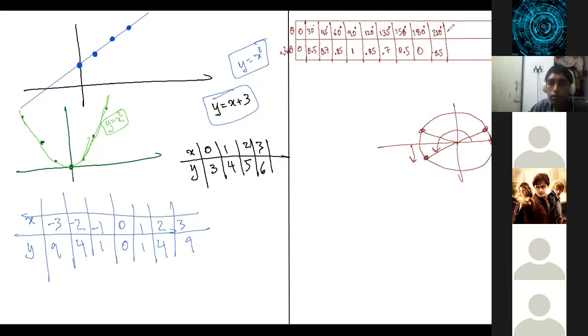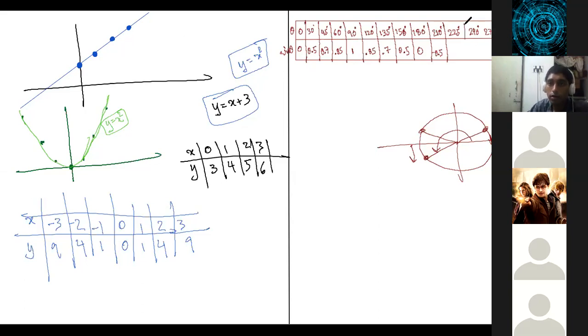Let me just write all the values first. Adding 45 gives 225, plus 60 will be 240, plus another 30 is 270, another 30 is 300, then 330, then finally 360.